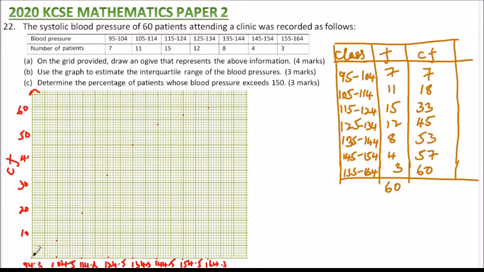So we are going to join these points, and this is going to give us the ogive. The graph that I'm drawing is of an ogive.